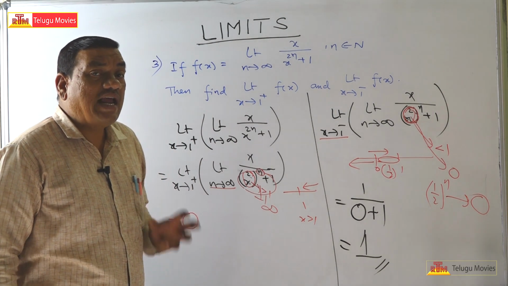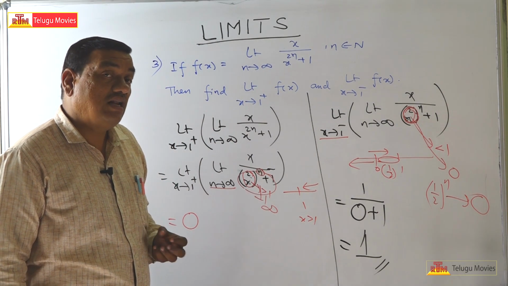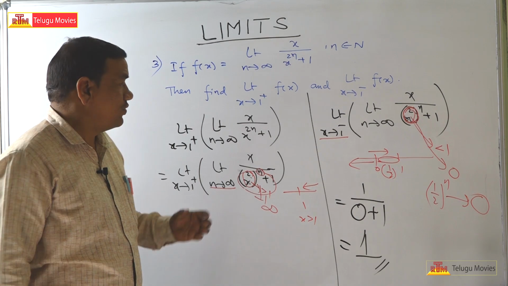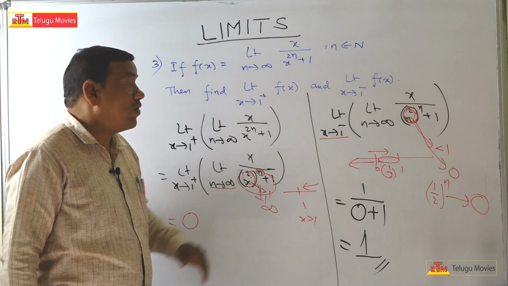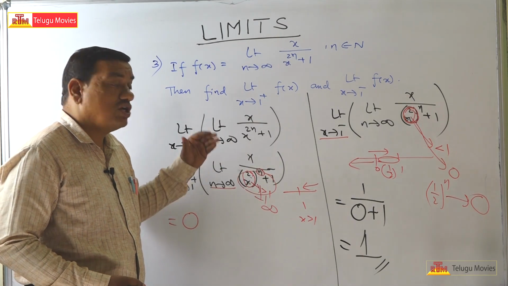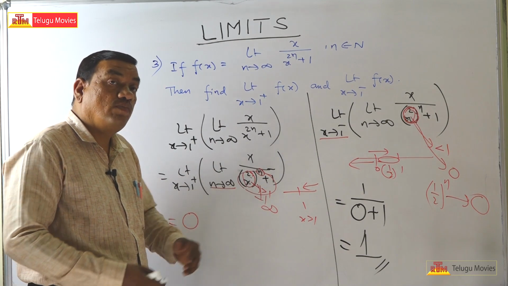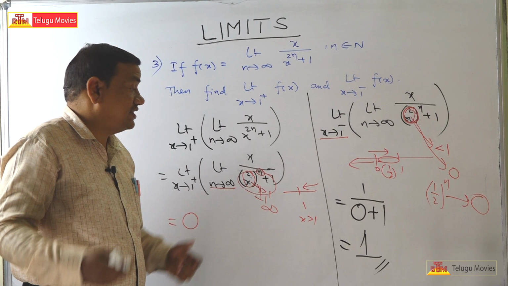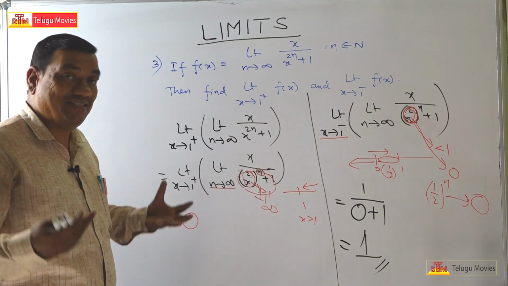So like that you have to think logically. Okay, a very, very nice problem. The only thing is x square whole power n: as x tends to 1 plus, the positive side, x square is also on the positive side, and it goes on increasing, which means x square whole power n value is also going on increasing. 1 upon the fraction, the denominator is going on increasing.